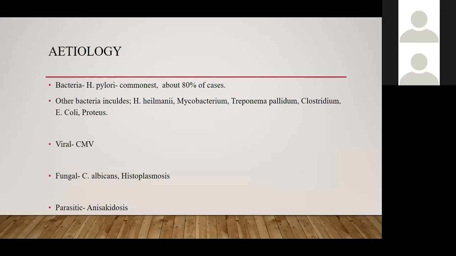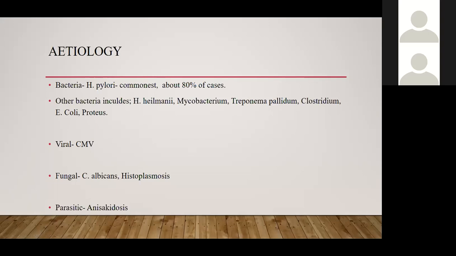So, etiology. What usually causes inflammation of the stomach? The commonest is a bacterium called Helicobacter pylori, or H. pylori, which we are all aware of. In about 80% of cases, it's H. pylori. And this is looking at our environment.